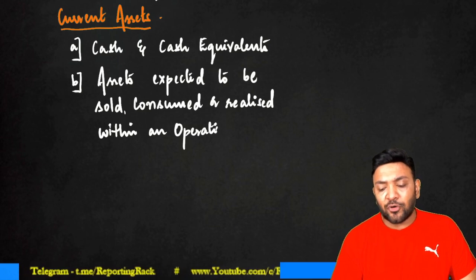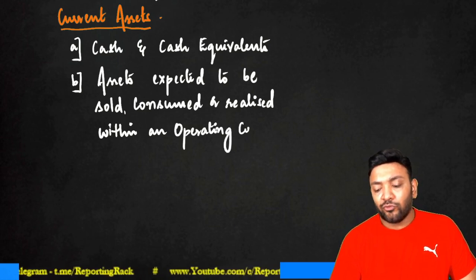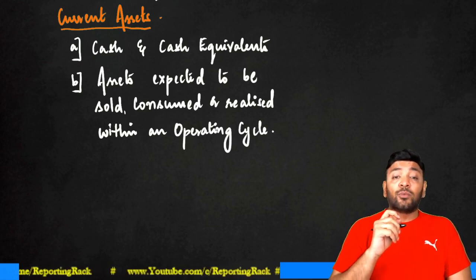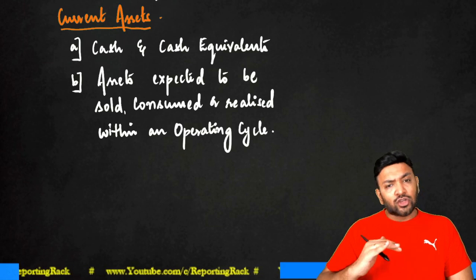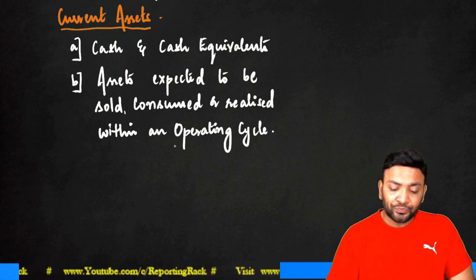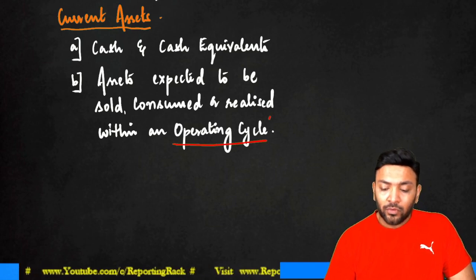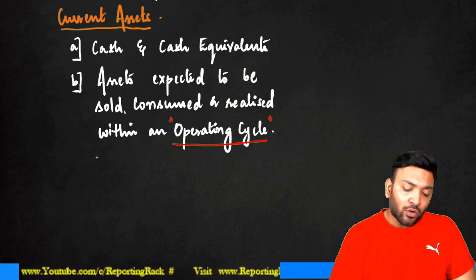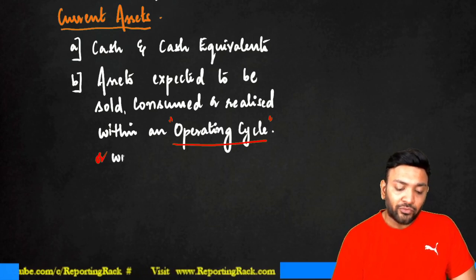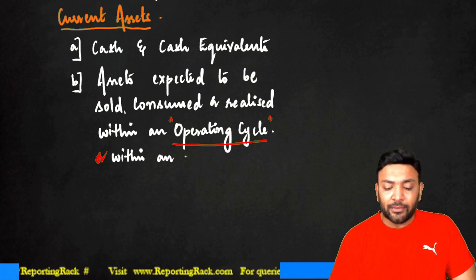I'll integrate both the points, guys. We also said they are expected to be sold, realized or consumed within a period of 12 months. So I'm integrating both the points out here. Operating cycle or within an accounting period.